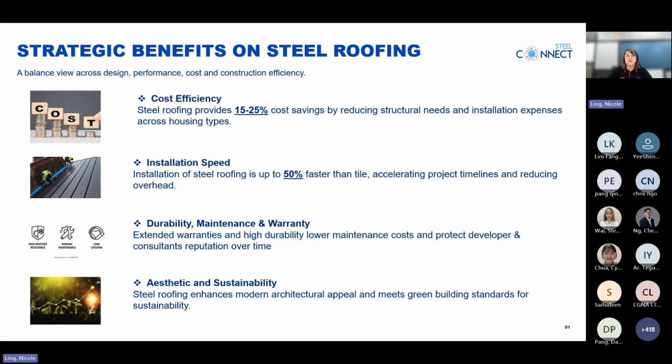A single issue can escalate into a reputation damage story, affecting sales momentum, brand confidence, and long-term perceptions of the developer. In today's environment, roofing is no longer just a construction choice. It is a risk management and professional liability decision.